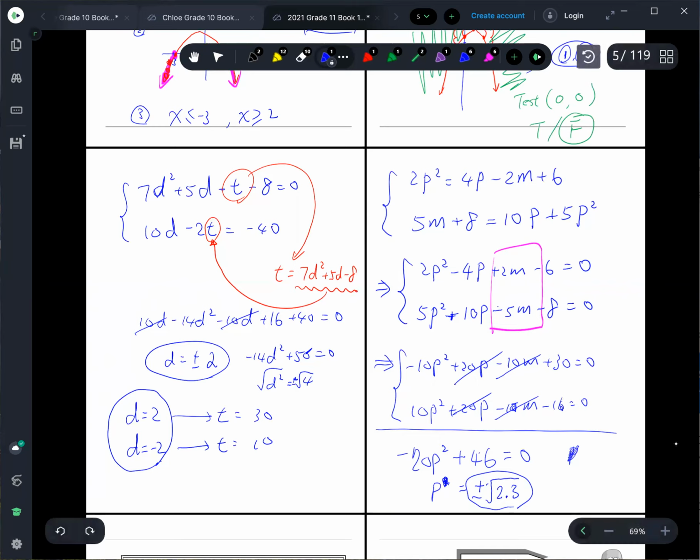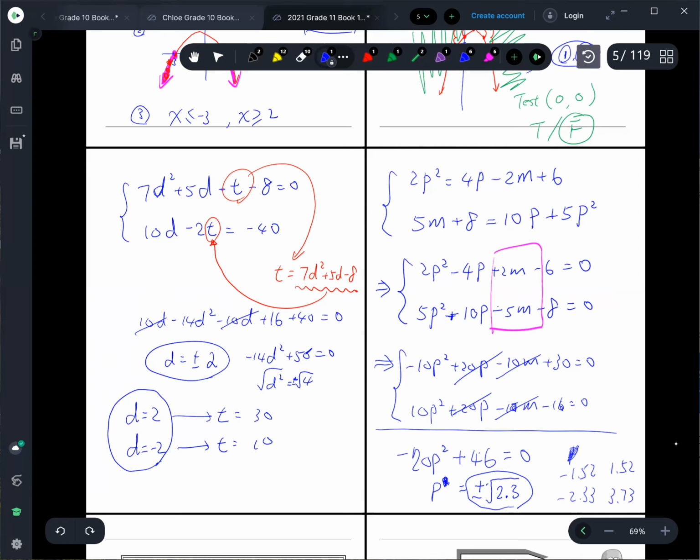Yeah, because you have p and m, right? So it is negative 1.52, negative 2.33, and 1.52 and 3.73.